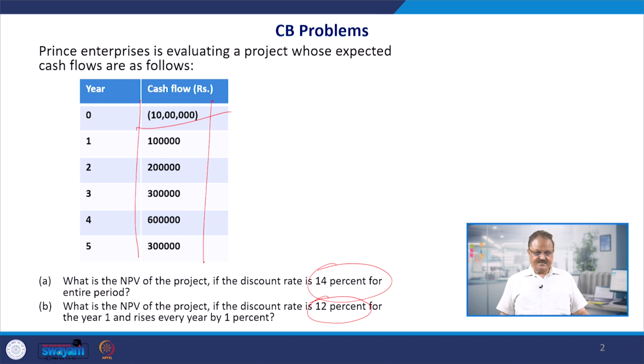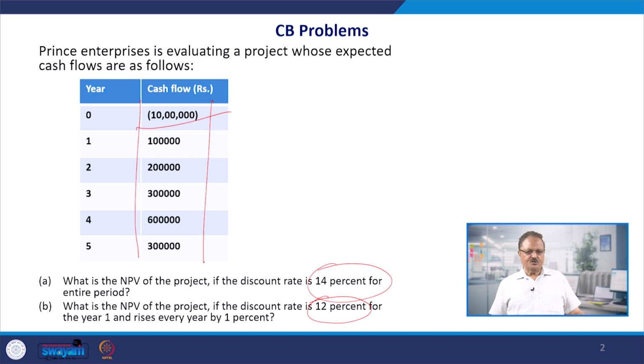So first year we will take 12%, second year we will take the product of 12 and 13, then the product of 12, 13, 14, and then we will keep on rising it by 1% every year. So, that will be called a time varying discount rate, and finally, we will have to discount the cash flows. This 5 years of cash inflow, we have to discount not by a static discount rate, but a time varying discount rate, because the discount rate will keep on rising.